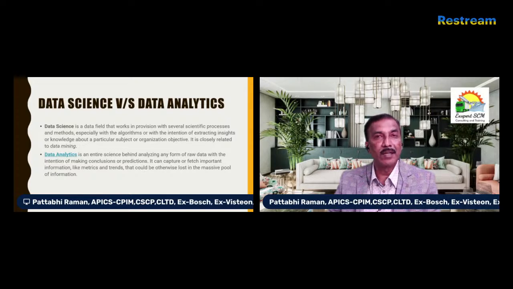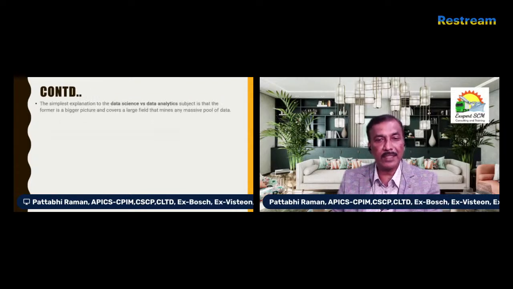It can capture or fetch important information like metrics and trends that could otherwise be lost in a massive pool of information. So what we are focusing on as supply chain executives is data analytics, not data science. Here we are trying to focus on one subdomain and nothing more, and this is what is expected from a supply chain professional.